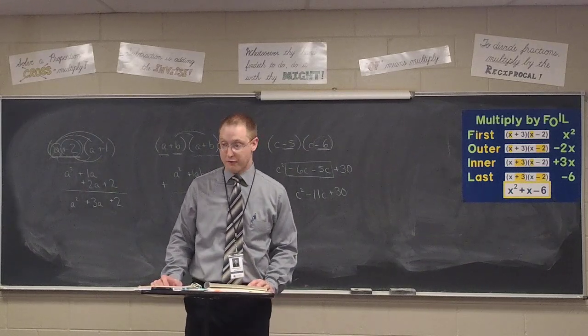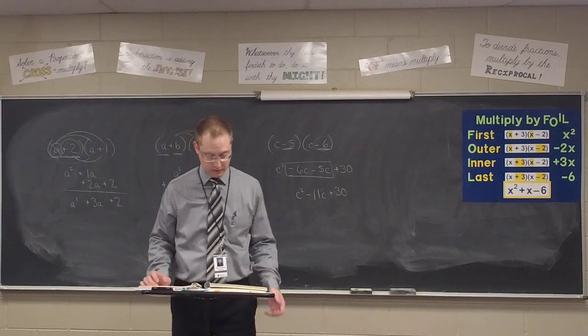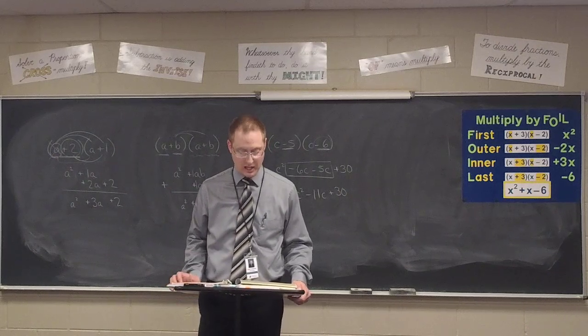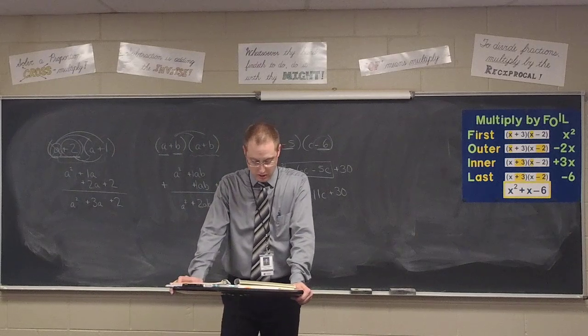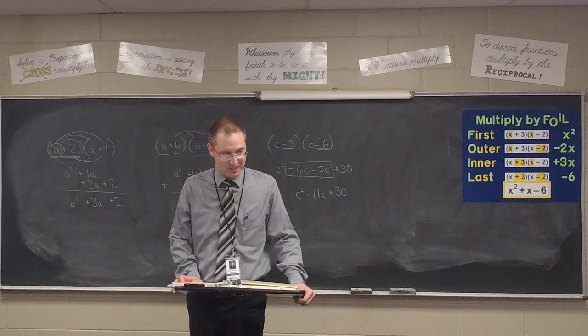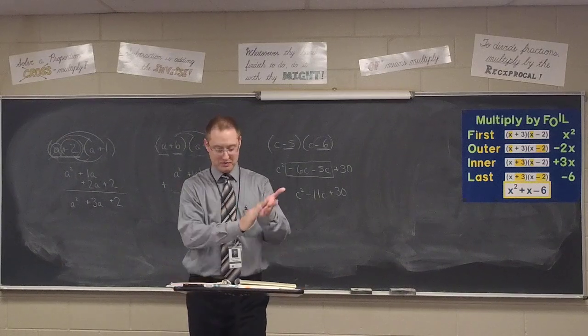So number 16, the first, Joshua. G squared. The outer, Lana. Negative 6G. The inner, Joshua. Negative 4G. And be careful, Lana, on the last. Positive 24.